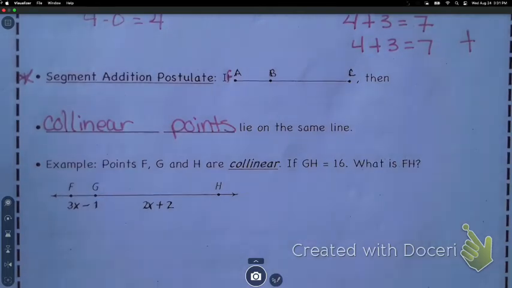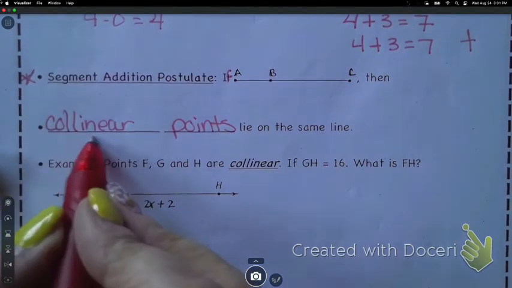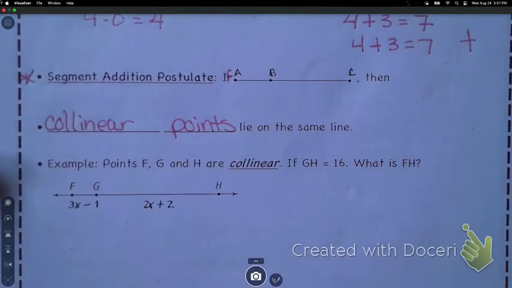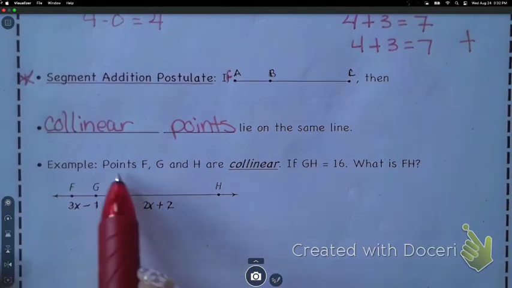We share something, yes? So co means to share something. What does linear mean to you? Line. They share a line. Does that make sense? Okay, if they're collinear, they share a line. If they're coplanar, they share a what? Plane. Make sense?